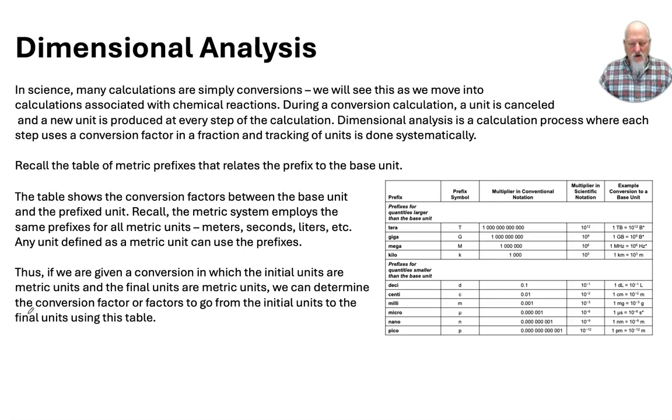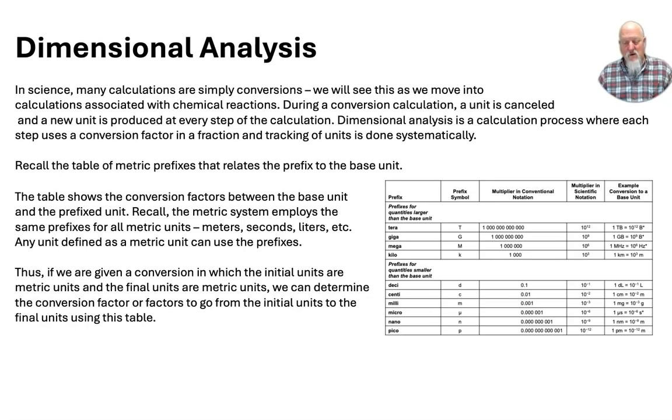In the metric system, we saw we had this conversion table that allows us to convert between prefixes, where in this table it shows how the prefixed unit is related to the base unit. These are the prefixes, these are the values they're worth, and it gives us examples over here.